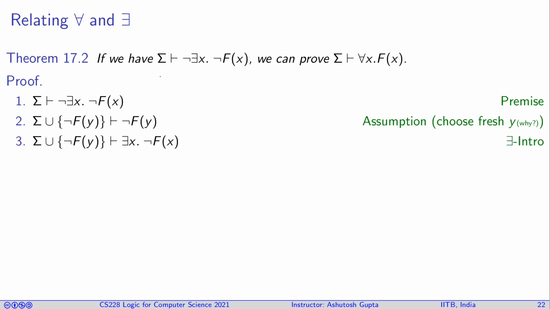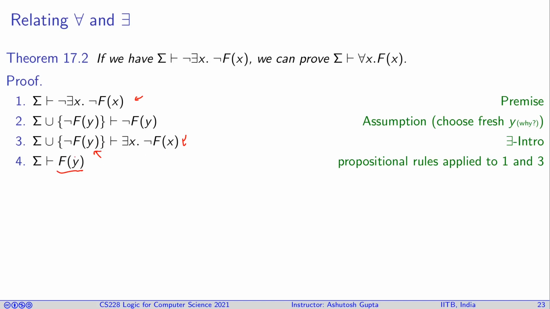Okay. Now what do we do? We can introduce exists and say there exists x not f(x), which we can do. Again, one needs to go and check all the side conditions are met. Propositional rules are applied to 1 and 3. If you look at this 3 and this 1, they are proving contradictory things, and here I am assuming something, so therefore I can derive f(y).